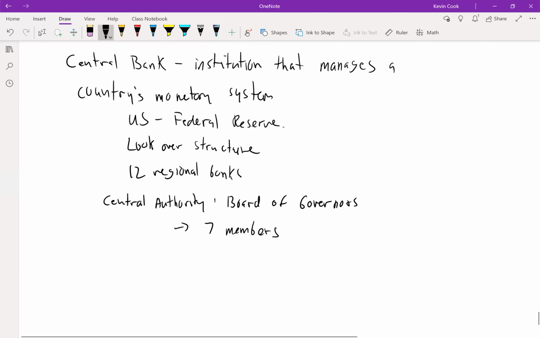The big goal of them is going to be to stabilize the monetary system, or our financial system.